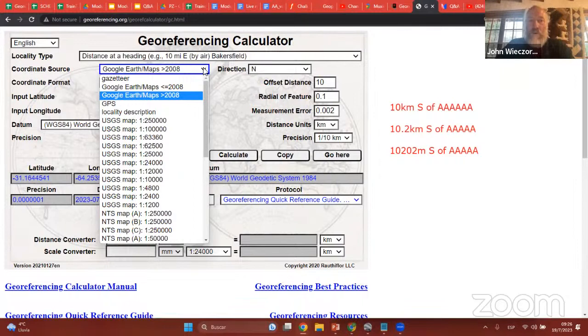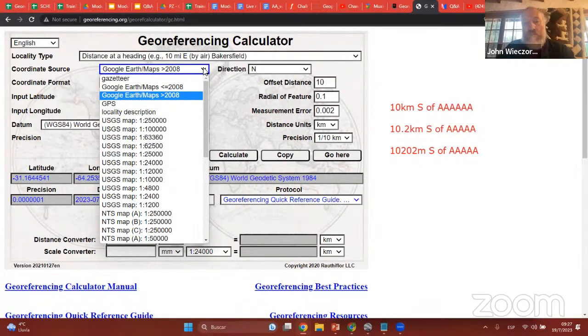For example, for the Google Earth and maps greater than 2008, it has been demonstrated that the actual maps that you see can be off by up to 8 meters for the newest maps. Before 2008, the number was higher. I don't remember what the number is. We could find out with the calculator, but it's a bigger number. So there's that source of uncertainty from the coordinate source.